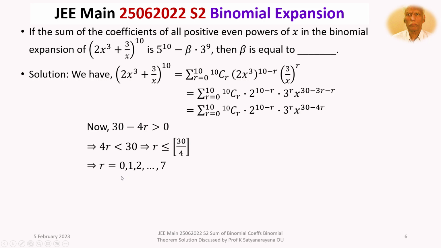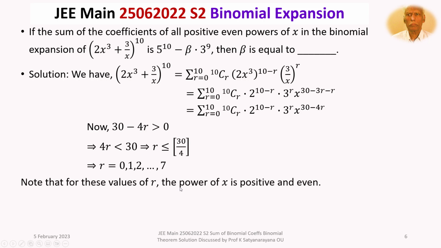Now note that for these values of r, 30 − 4r is even, because taking 2 common, it is 2 times (15 − 2r). So the powers of x are not only positive, they are even.